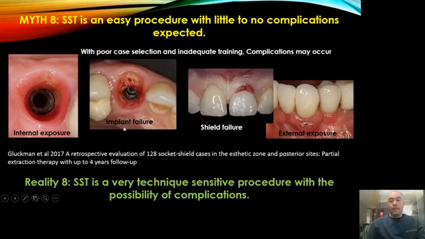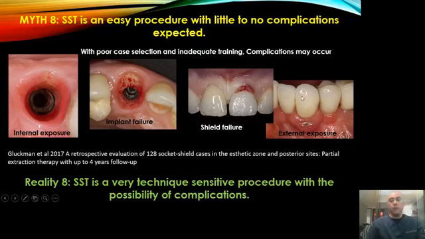We have a possibility of implant failure, exactly like the implant failure rate in immediate or delayed implant dentistry. Shield failure sometimes happens, especially if we are not careful about leaving apical tissues, or if we have some mobility of the shield.